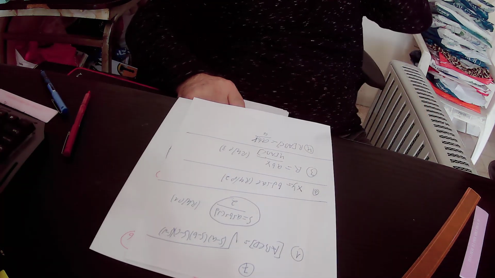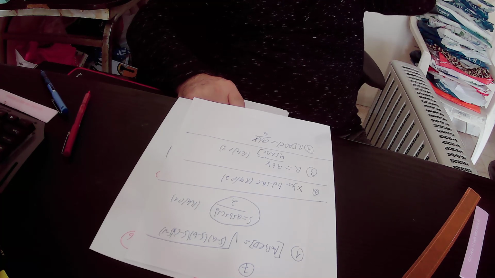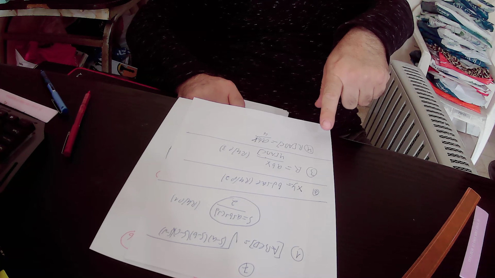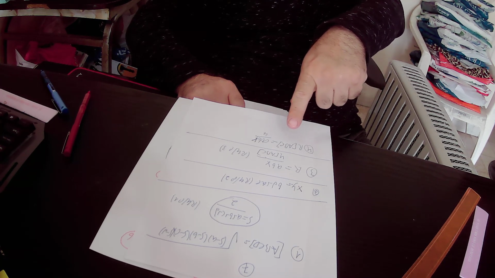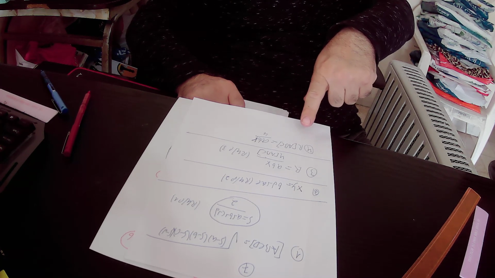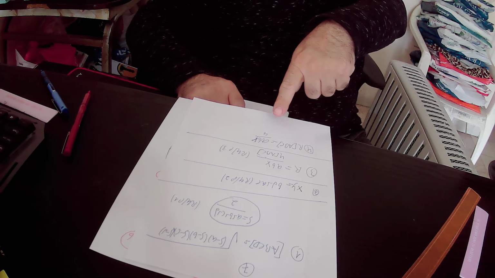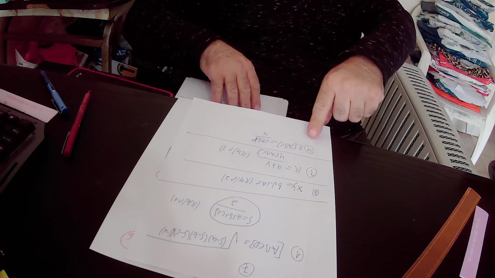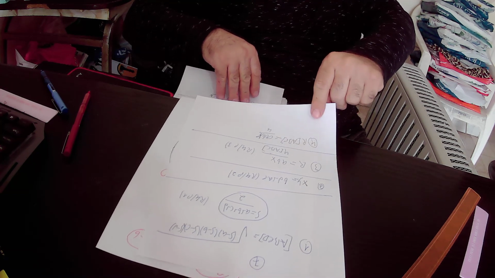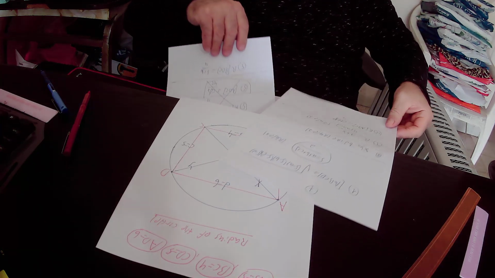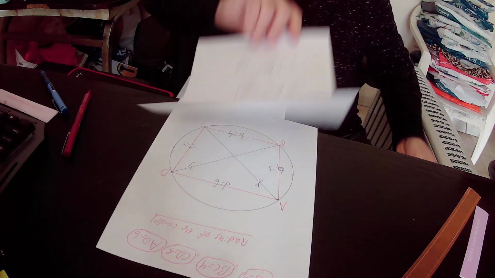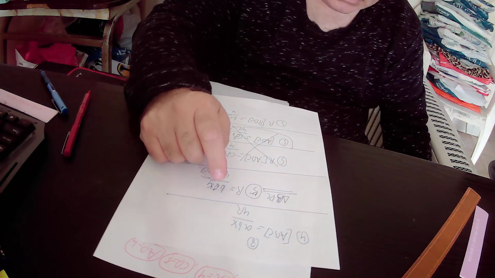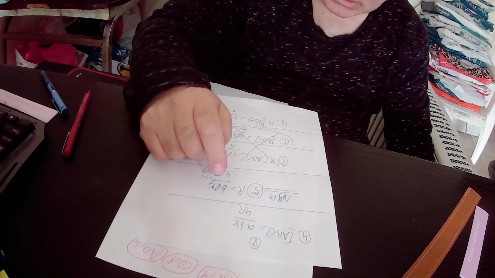Here we multiplied both sides of equation number 3 by the area of triangle ABC. We got that r times the area of triangle ABC equals abx over 4. And then we divided equation number 4 by r, and we got that the area of triangle ABC equals abx over 4r. Okay.